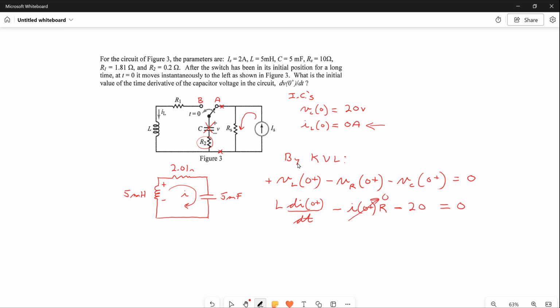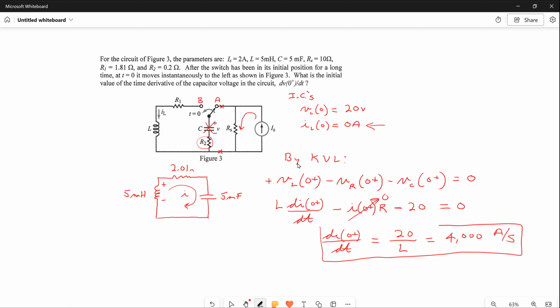And you end up with dI at 0 plus over dt is equal to 20 over L. L was 5 millihenries, and you plug that in right there, you're going to get 4,000 amps per second. And there's your time derivative for your current in that circuit.